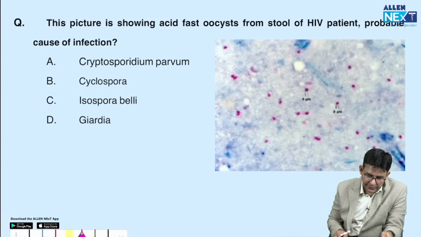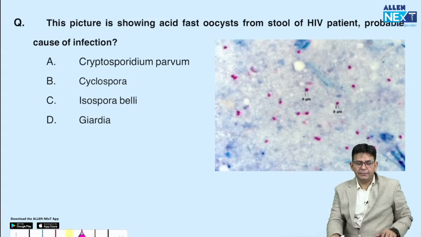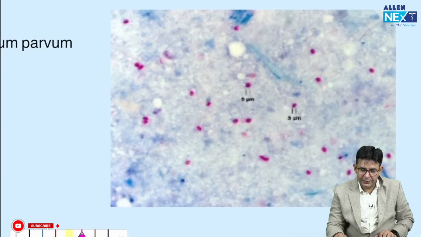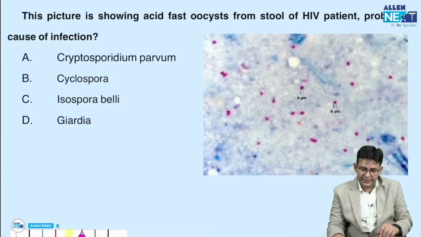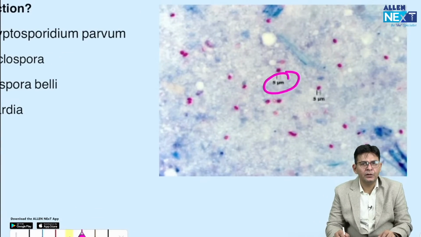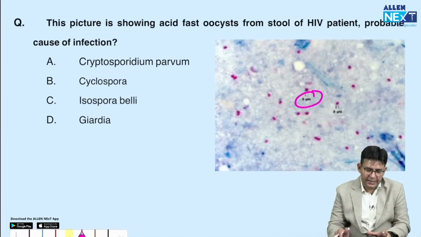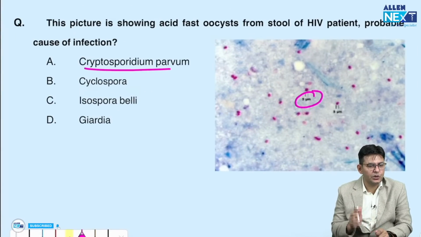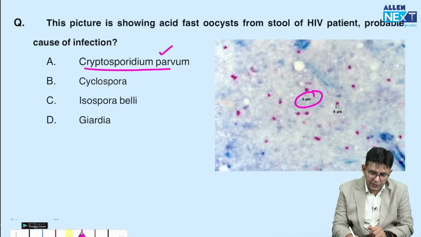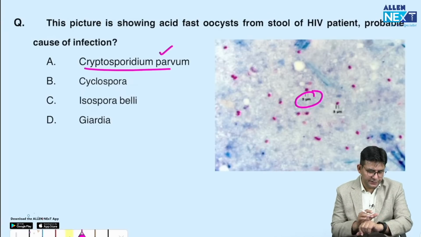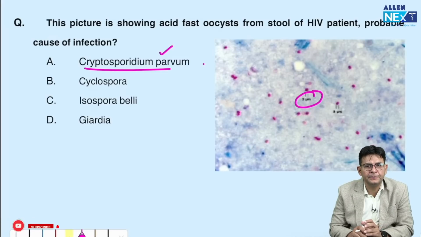Right. Now, another favorite question of examiners which is asked again and again. They give this type of history of the oocyst, and they can give the size, that is 5 micron. So it comes in the range of 4 to 6 micron, and we are talking about Cryptosporidium parvum, which is the most common cause of diarrhea in the HIV positive.